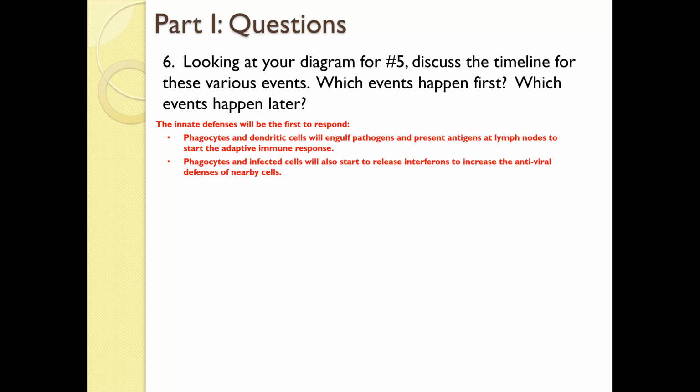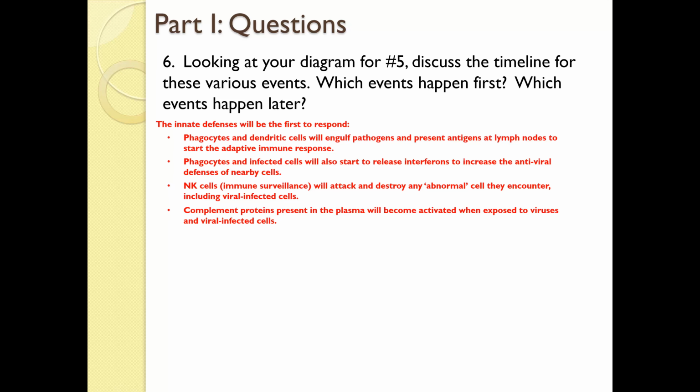We also have phagocytes and infected cells releasing interferons, which will increase the antiviral defenses of nearby cells. The NK cells, which are part of our immune surveillance, will attack and destroy any abnormal cell they encounter, including viral infected cells, so they can help to start getting rid of the viral infected cells while we're waiting on our cytotoxic T cells to become available.